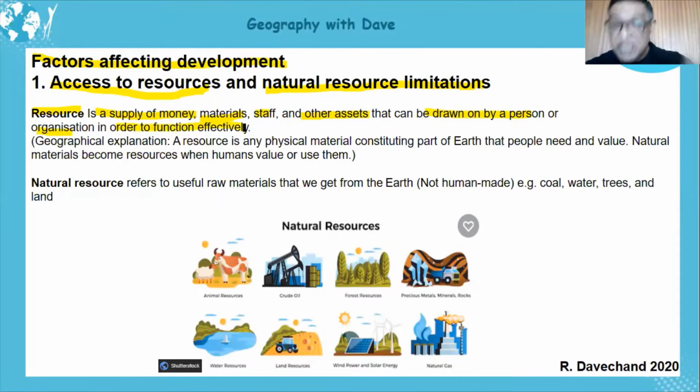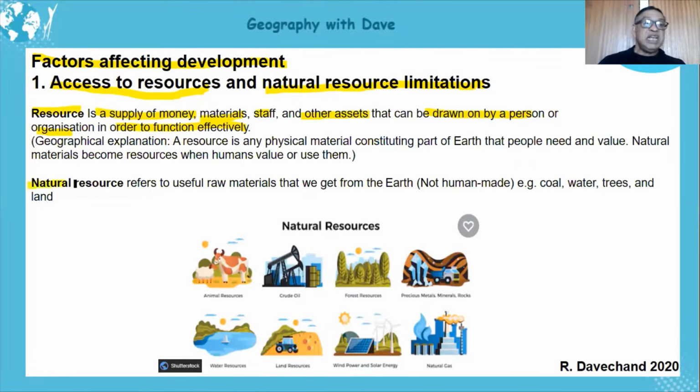Anything that is used and becomes of value for any organization to function. For instance, a factory would need raw materials. They would need labor. They will need other assets such as machinery, the manufactured resources, in order to function. That's a resource when it's used.